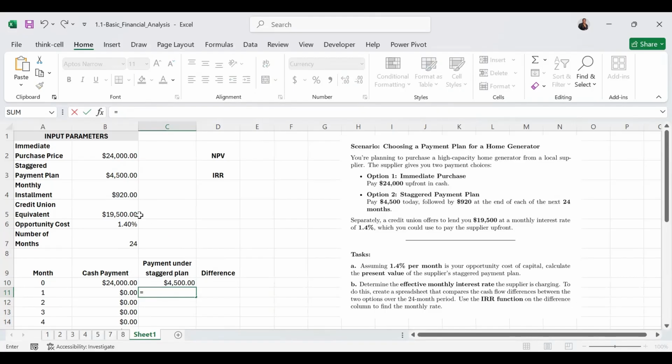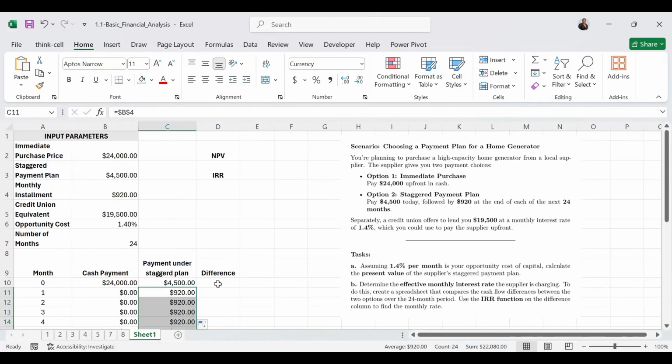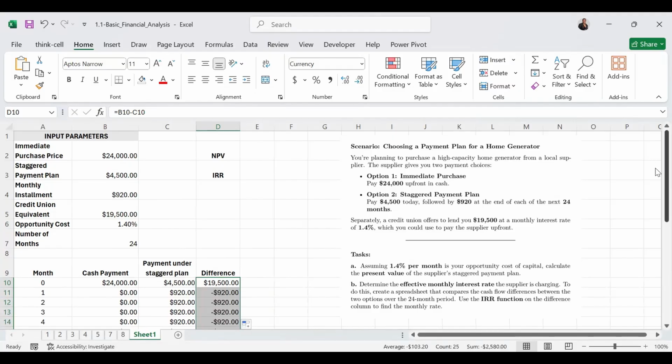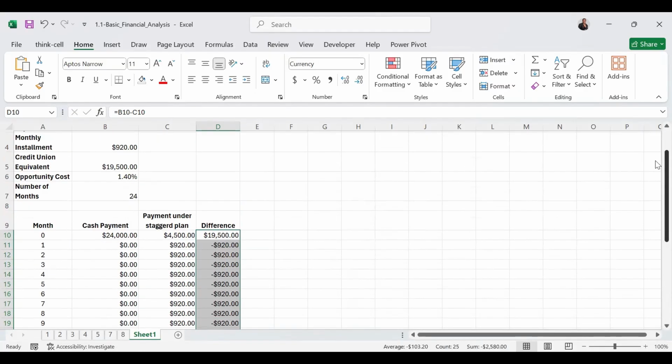For the monthly installments, I enter this $920, and I also drag this down. Then we are going to take the difference now. To take the difference, we just do B10 minus C10, and then we copy down.